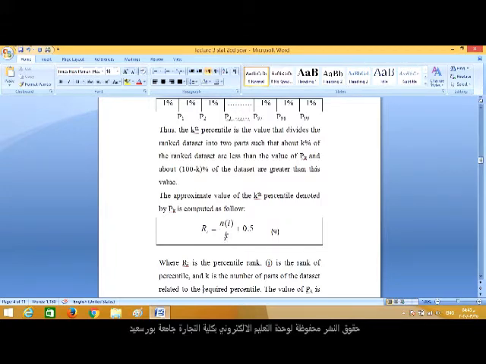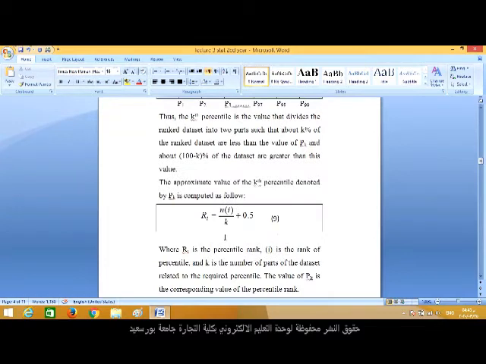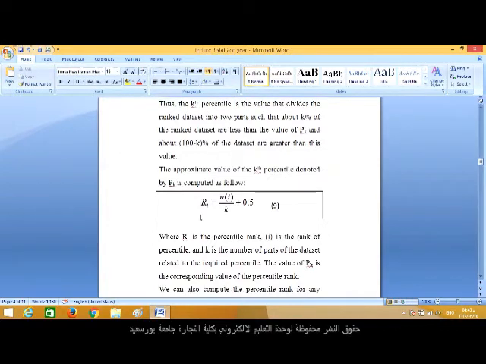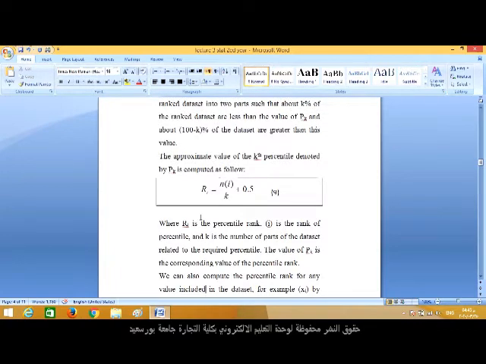Okay. The value of Pk is the corresponding value of the percentile rank. So you see what its rank is and we get its value from the data. We can also compute the percentile rank for any value included in the data set.